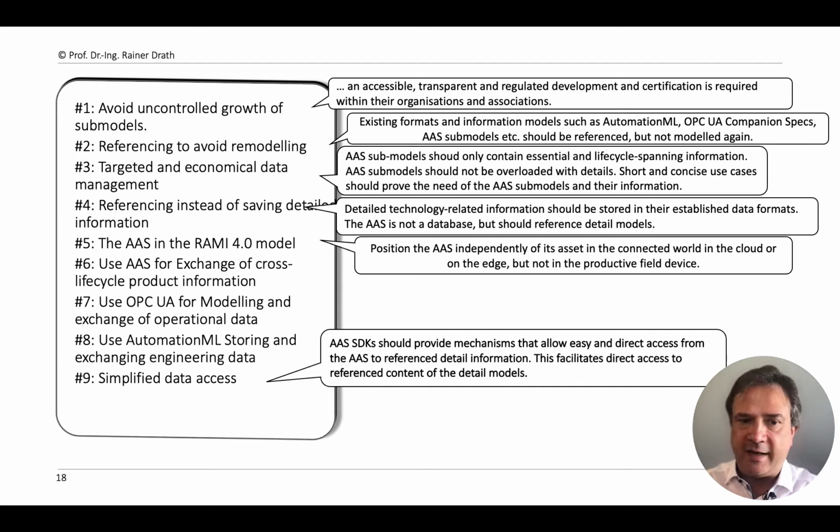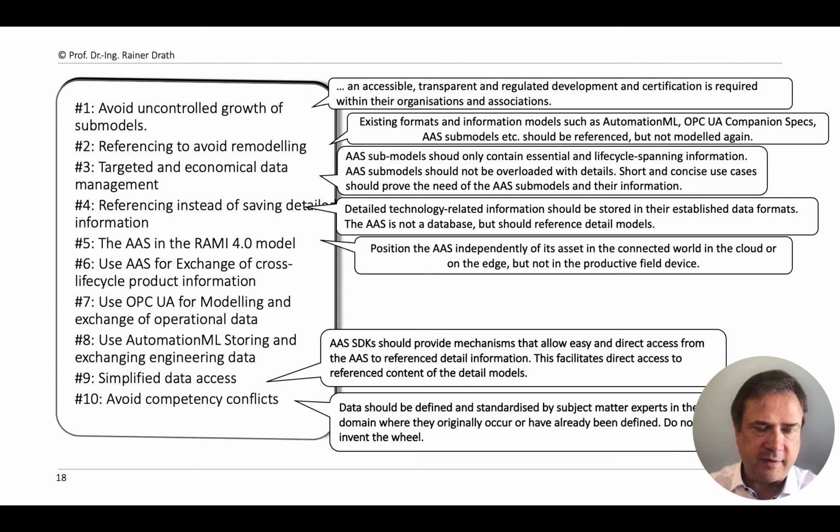Meaning an AAS should be able to natively read an AutomationML file and to give access to the object model from its nature, just to avoid that companies need to read the detail models by themselves. This facilitates direct access to reference content of the detail models.